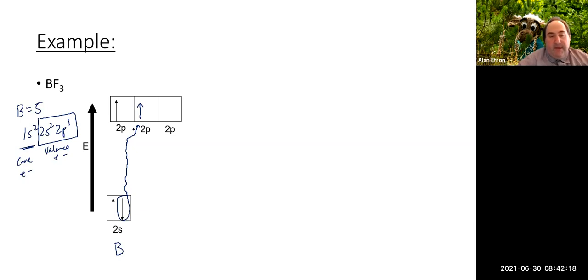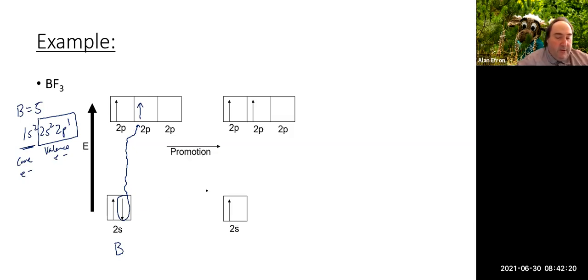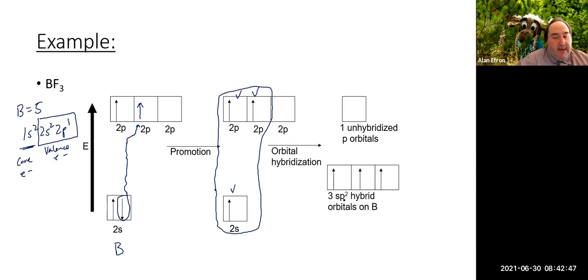This then causes hybridization, where we take an s orbital and two p orbitals that come together. So we have now hybridized 1, 2, and 3 atomic orbitals, and that gives us, as we've been talking about, three identical hybrid orbitals. Those will give us three sp2 hybrid orbitals.